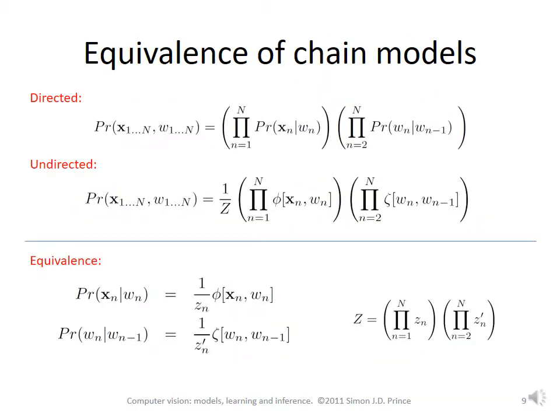Now, a quick note about that is that whether it's a directed or undirected graphical model, we still have to have a probability distribution on the left-hand side. So when we're dealing with the undirected case, we need that capital Z to take into account normalizing of both the data likelihood terms and the world state compatibility terms.